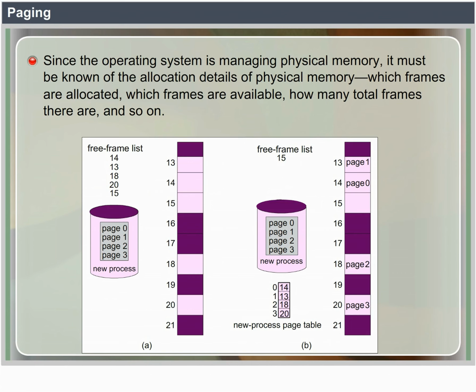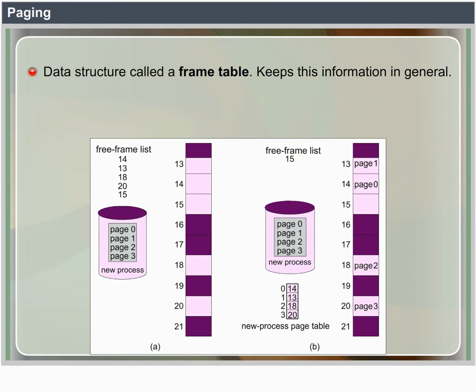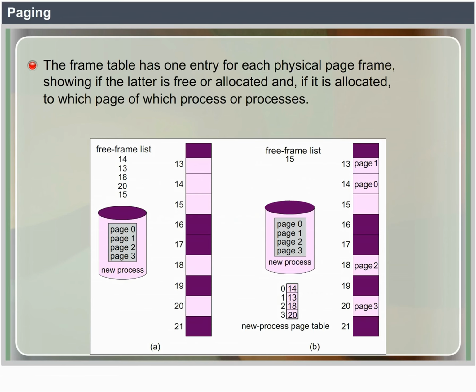This information is generally kept in a data structure called a frame table. The frame table has one entry for each physical page frame, indicating whether the latter is free or allocated, and, if it is allocated, to which page of which process or processes.